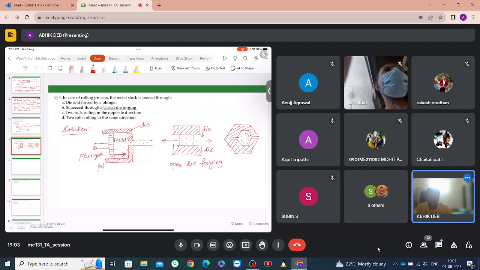There is a restriction of the final shape, that is, a restriction of this material to flow in this direction or this direction or this direction. It cannot flow because it is enclosed. So this is a closed die forging operation. I hope it is clear.